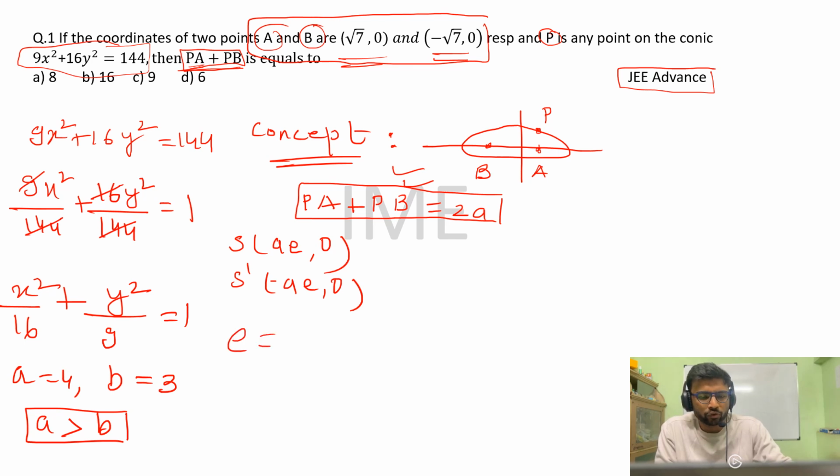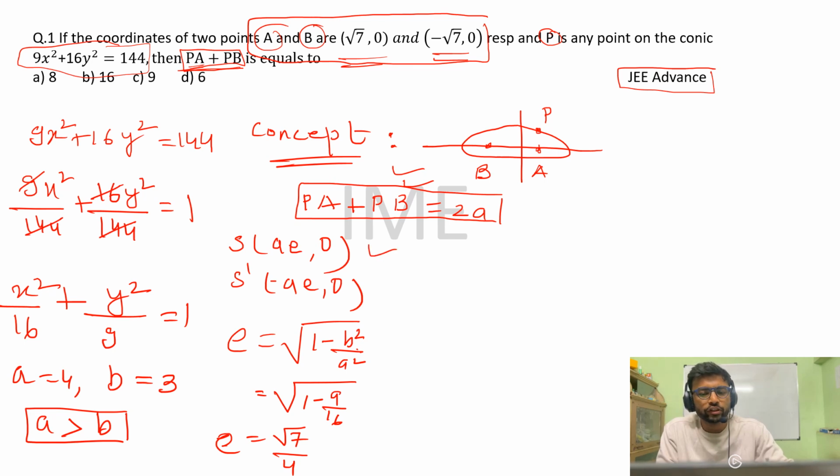What remains is the value of e. e is under root 1 minus b square by a square, so 1 minus 9 upon 16. So e is equal to root 7 upon 4.